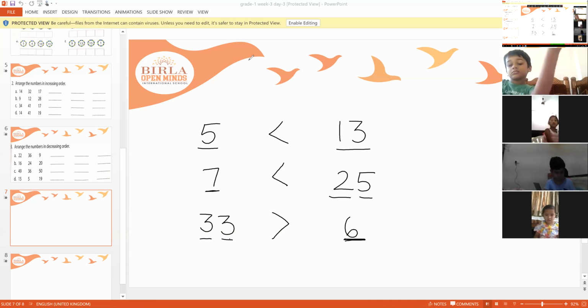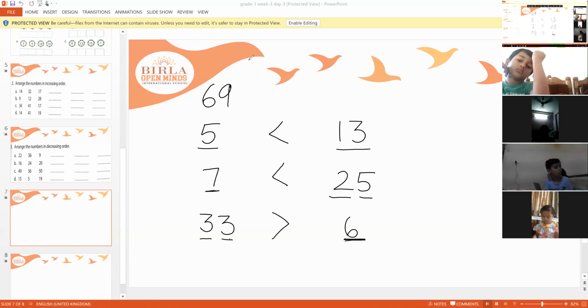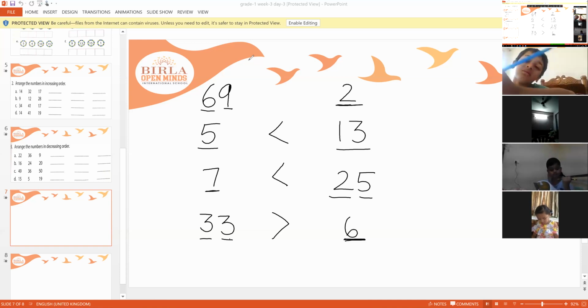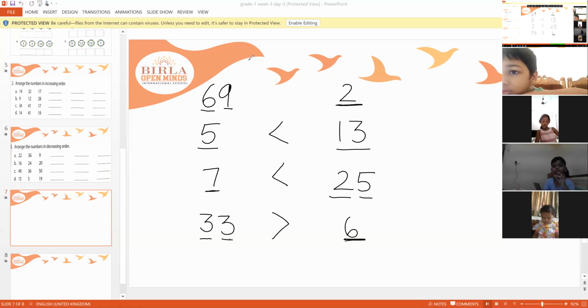One more example we can take, like we have here number 69 and 2. Now see here again children, in 69 we have two digits, 6 and 9. But in 2 we have only one digit, that is 2. So again we can say that a one digit number is always smaller than the two digit number.